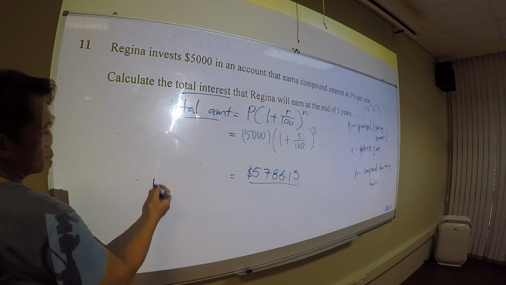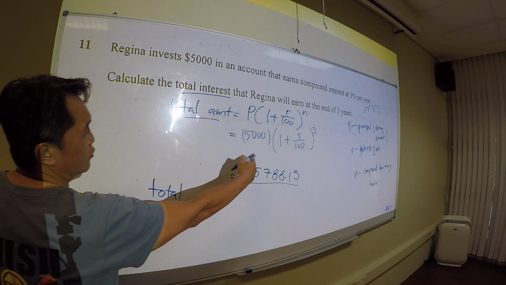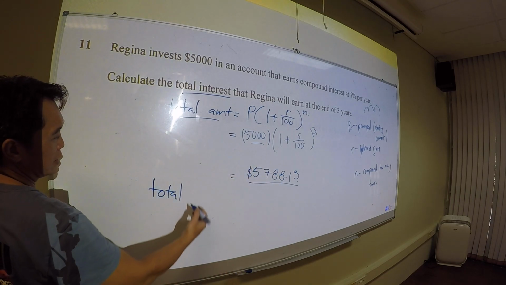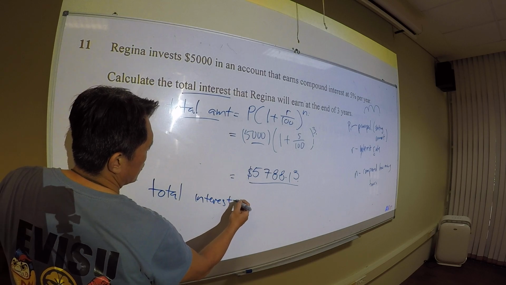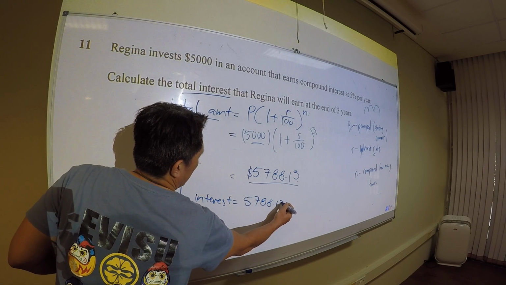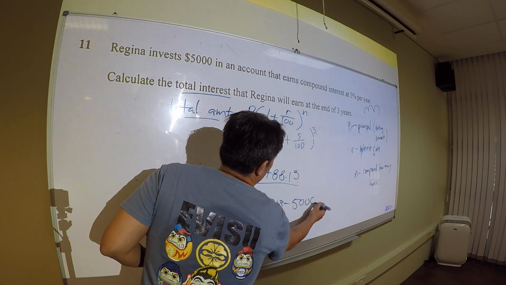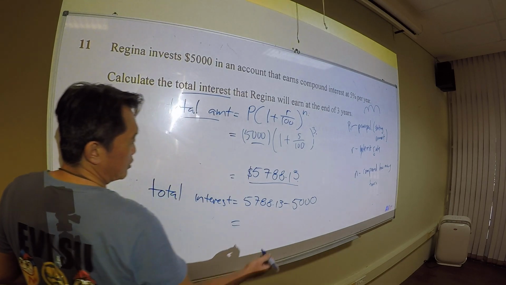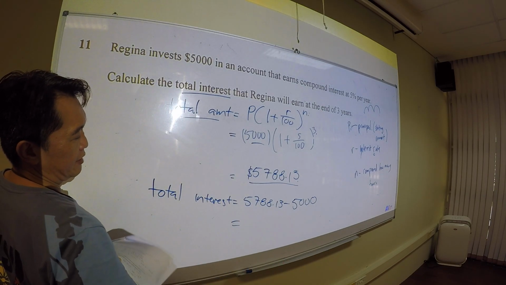Okay, so to find your total interest, this one is total amount. It includes the 5,000 that you put in. So for the total interest, you need to take your 5,788 and minus away the money you put in. Because the money you put in is your own money, it is not the interest that was earned.